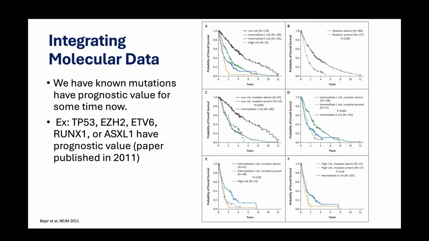But if you look at the top right figure, they show that if you had a mutation absent, which is the top line, your survival was better. But when you had a mutation in that mutational panel, your survival was worse. So we know that these genes, at least TP53, EZH2, ETV6, and the rest of this alphabet soup, can have really important consequences.